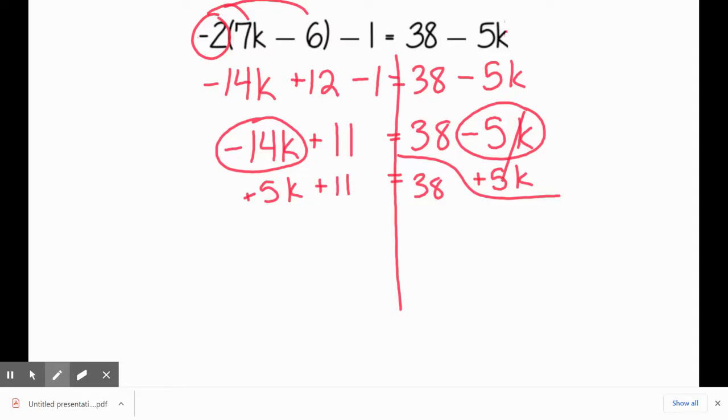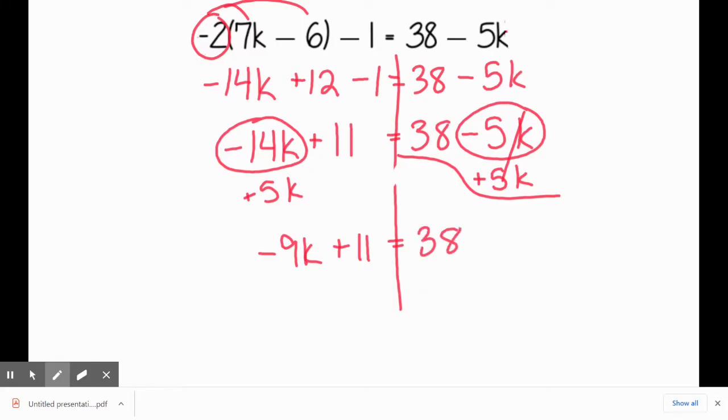So, oh, I messed up. Forgot to actually add those together. So let's do that here. So negative 14k plus 5k, that's going to give us negative 9k plus 11 equals 38.